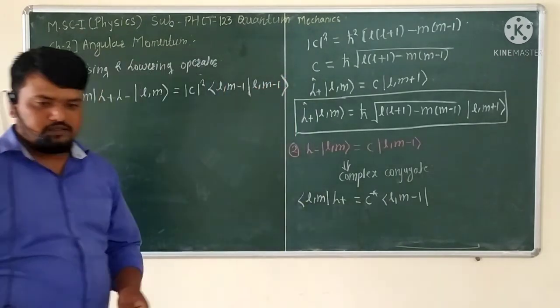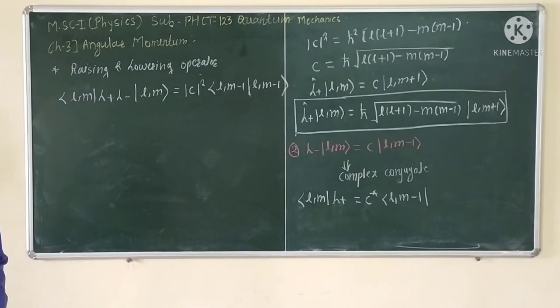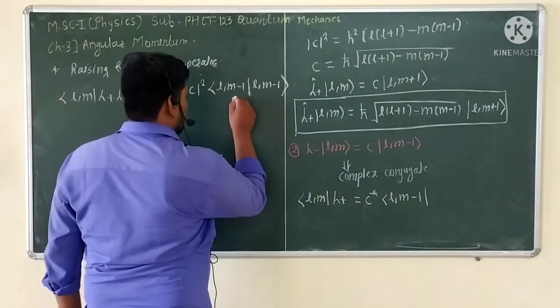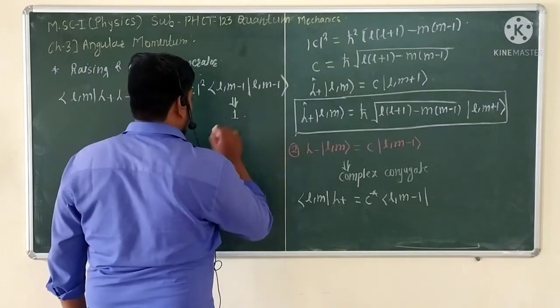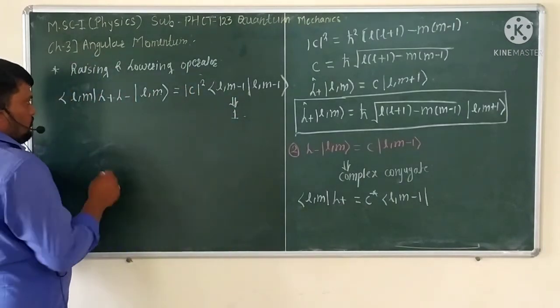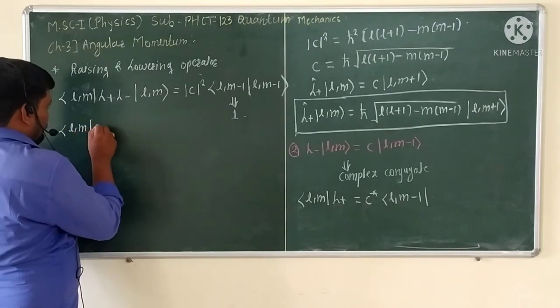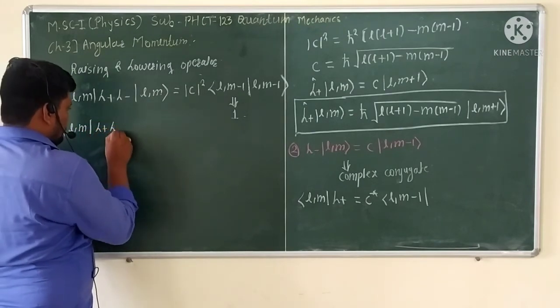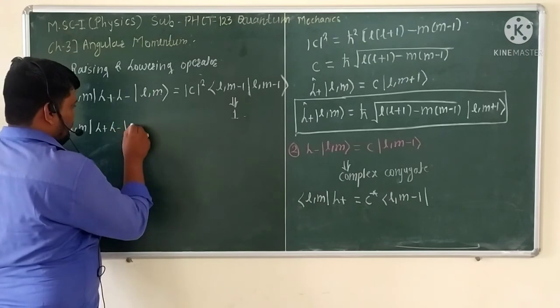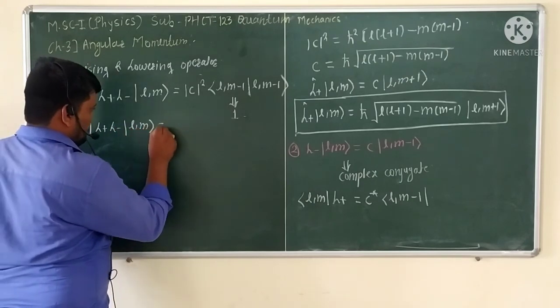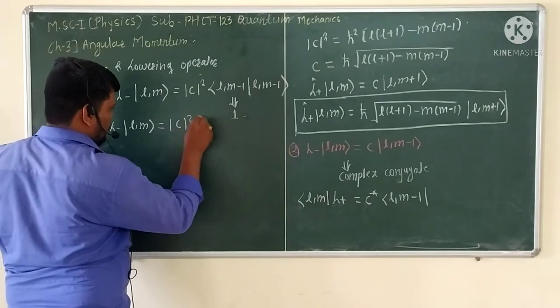You know that the result of this is 1. So bra L comma m, L plus L minus, ket L comma m is nothing but the mod of C squared.